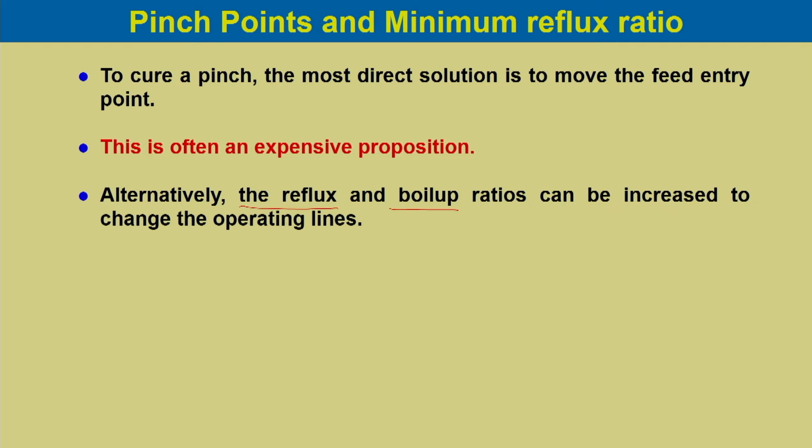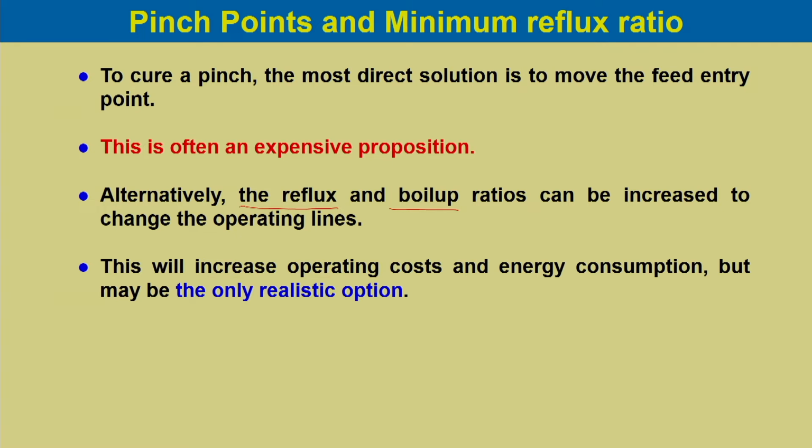But in this case, both the operating cost and the energy consumption will increase if we increase the reflux ratio and boil up ratio. But this should be the only realistic option to cure the pinch point.